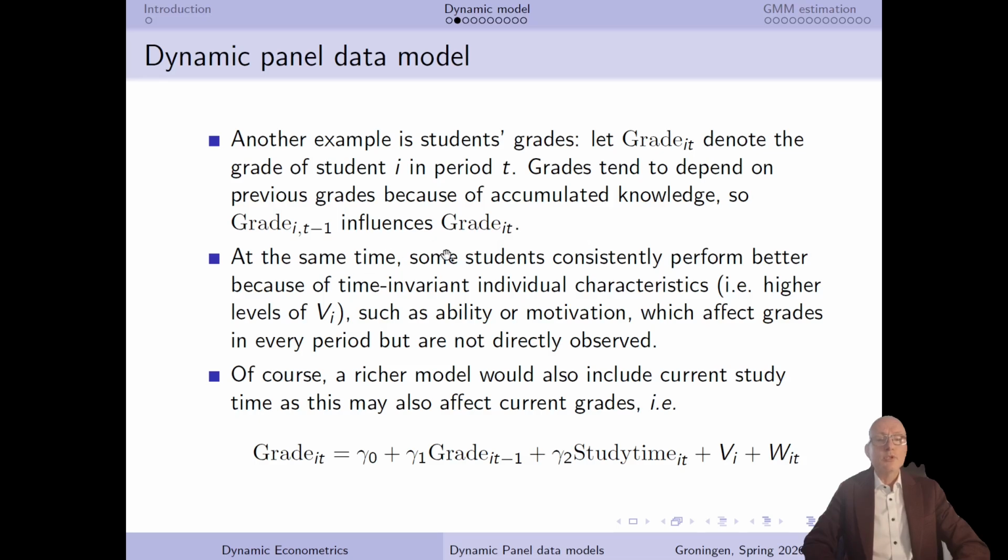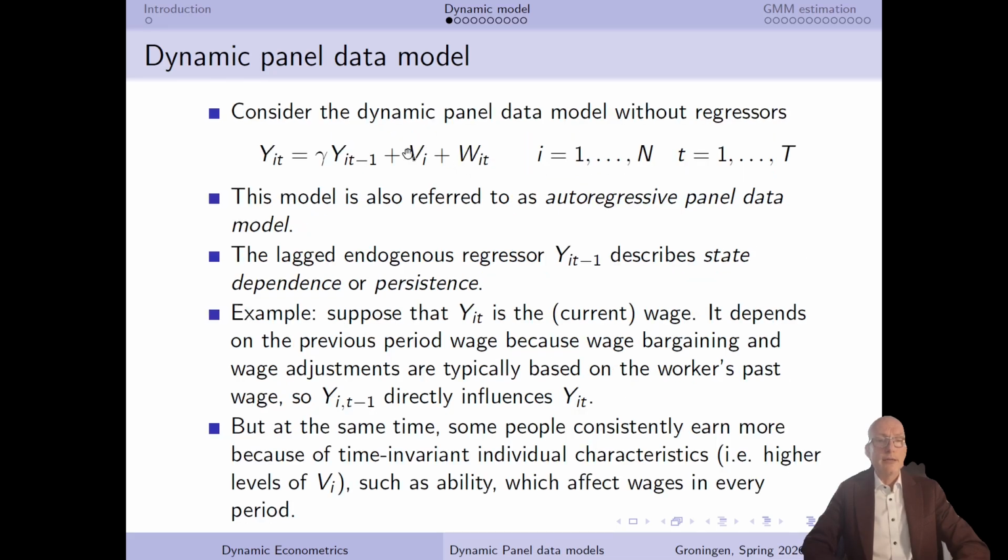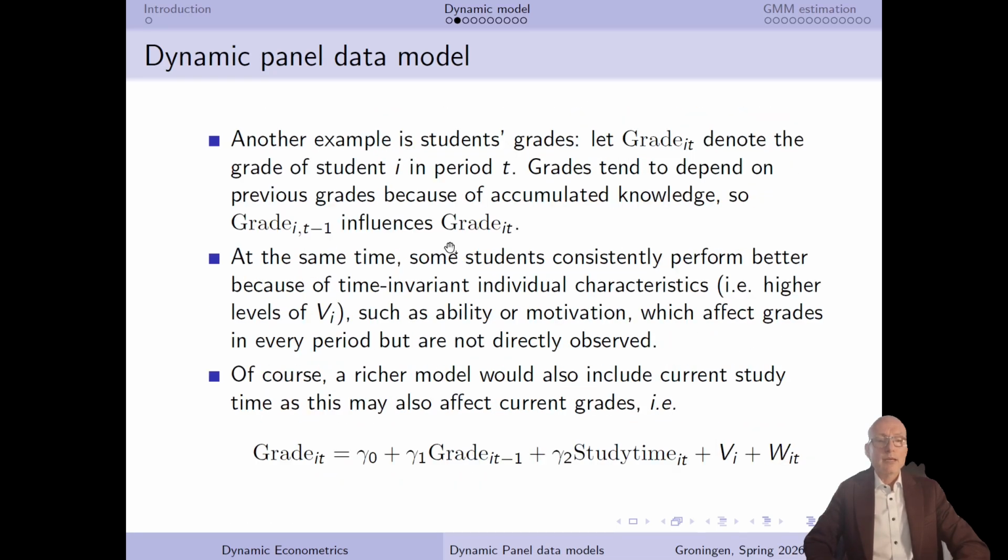At the same time, we should realize that some students consistently perform better because of time invariant individual characteristics. Again, that implies that these individuals have a higher level of the VI that we have over here. That could be related to ability or motivation.